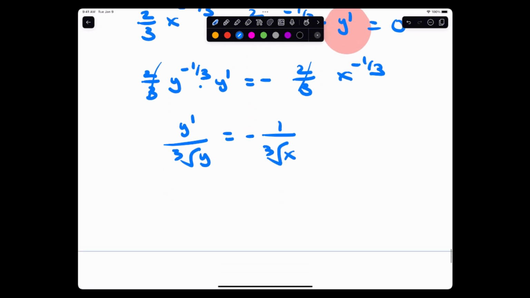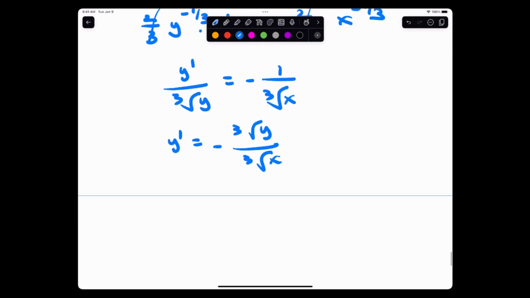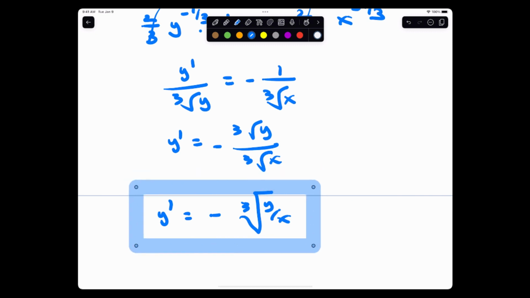X. So y prime will be now the cube root of y over the cube root of x. There's a negative sign there. And if you're really awake by properties, that's just the cube root of what? Y over x. Okay, so here's your derivative.